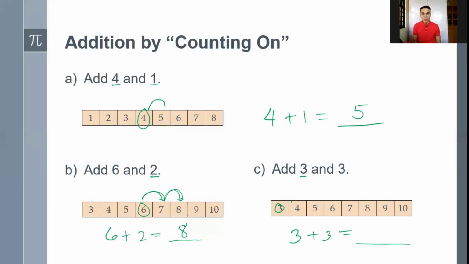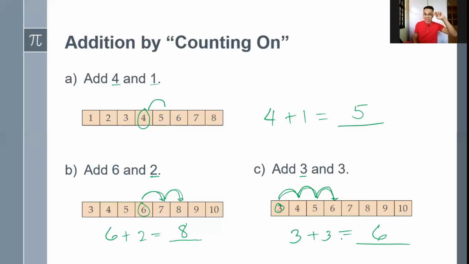And we're going to move to the right how many times? 3 times, because the other number is 3. So we have here 1, 2, 3. Again, 1, 2, 3. We landed on number 6. Therefore, 3 plus 3 is 6.